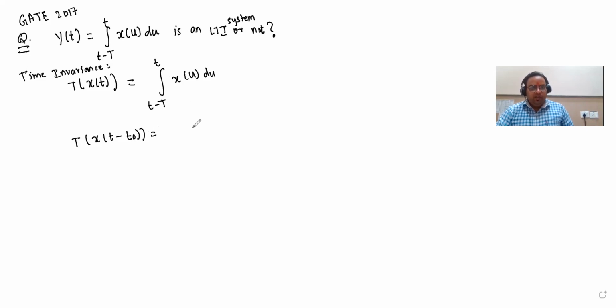So this x of u will become x of u minus t naught. Let us consider u minus t naught as another dummy variable, u bar. So u bar is u minus t naught.